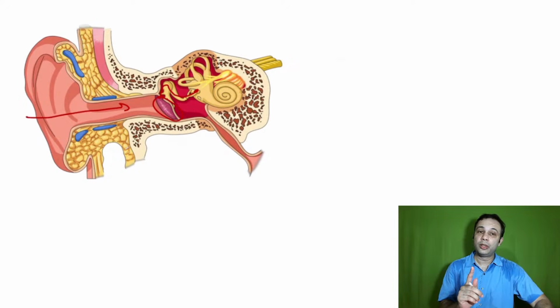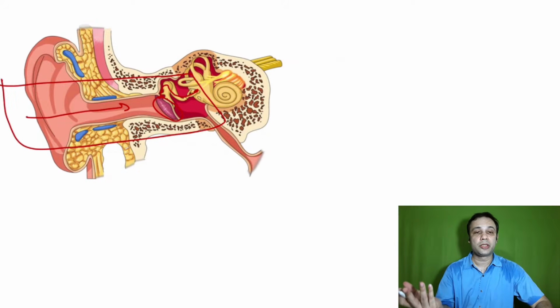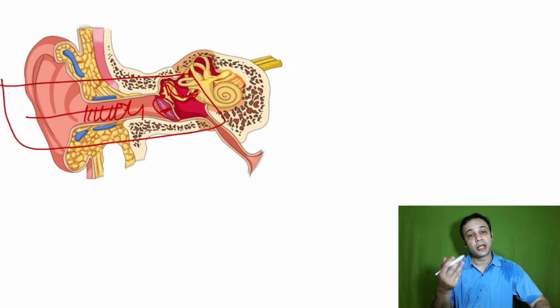Now let's understand what happens if there is any pathology in this region. Otoacoustic emission will be absent. If you have wax in the external auditory canal, or any pathology in the external auditory canal, it can be absent. If there's a perforation in the tympanic membrane, it can be absent. If there is ossicular fixity or ossicular discontinuity, it can be absent.